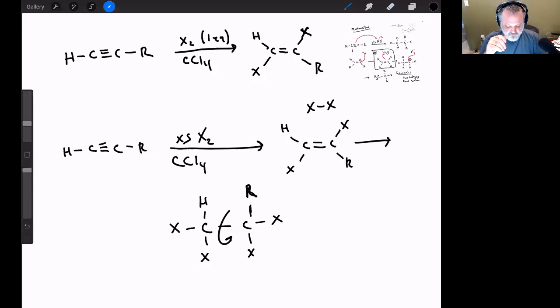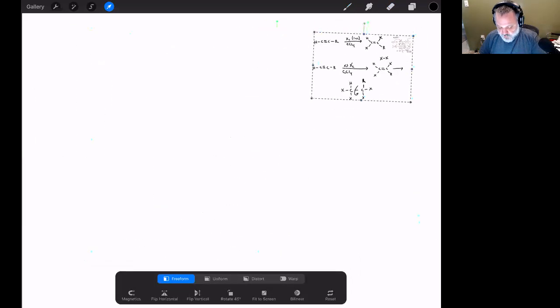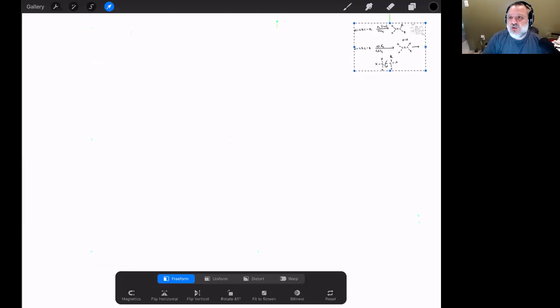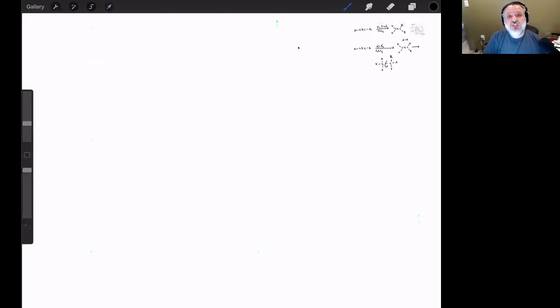Okay, and so there's one last reaction that I want to talk about, and that's hydrogenation. There are going to be two new reactions that we discuss that are somewhat different, but at the end of the day, they really are essentially hydrogenation of an alkyne to add H2.